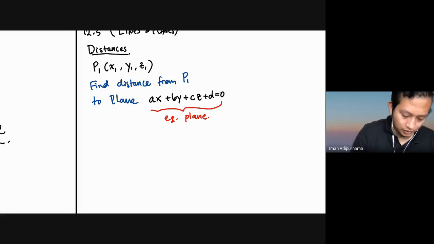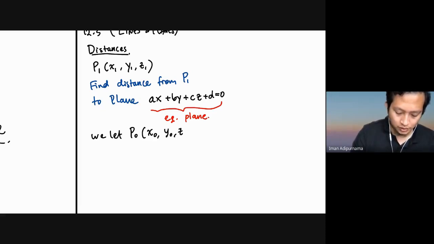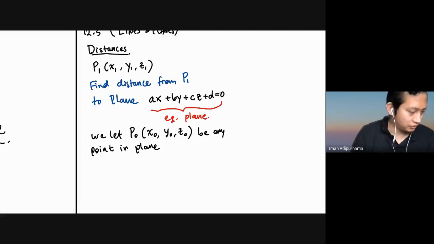And then we let some point, let's say P0. It's x0, y0, z0. This is any point in the plane. Okay. In the equation of the plane. Okay.